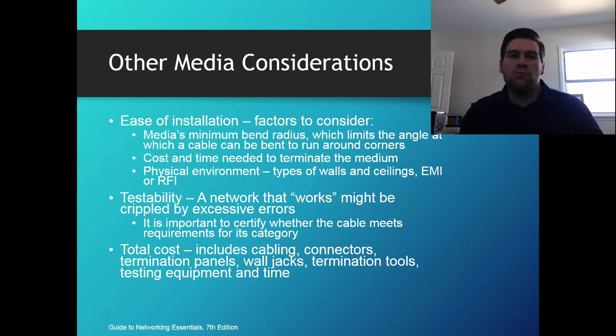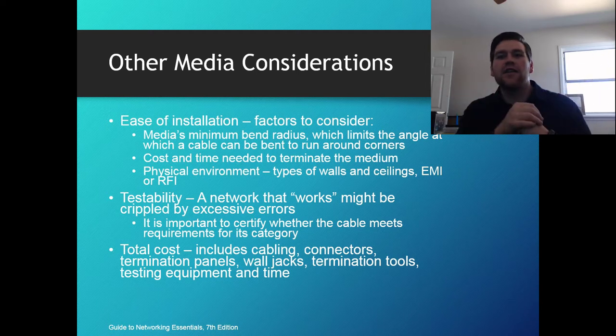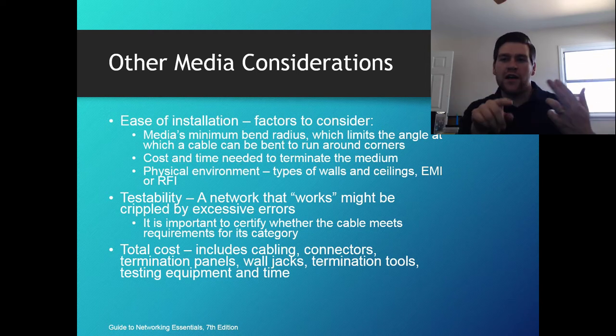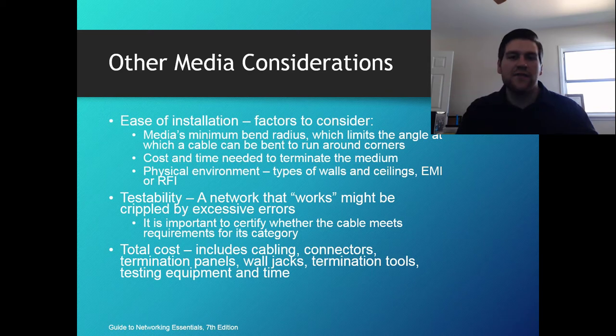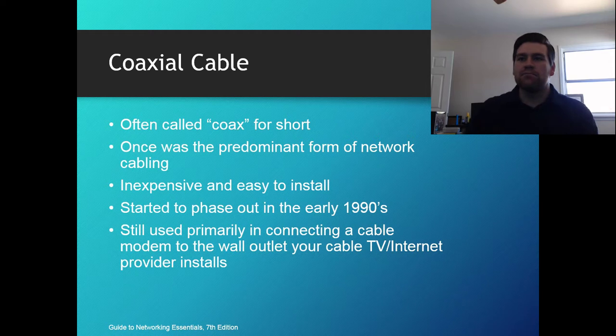So you could cripple your network by not realizing such a simple thing as you have to have wall jacks, terminators, and everything else match your type of cabling, particularly with twisted pair. So that's an important consideration.